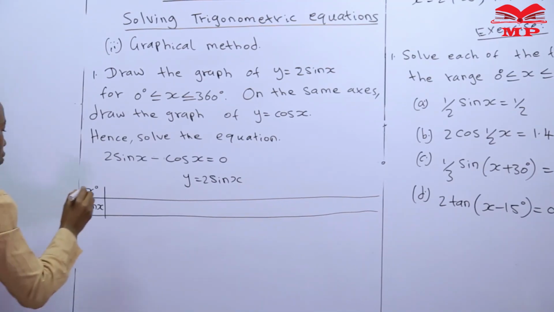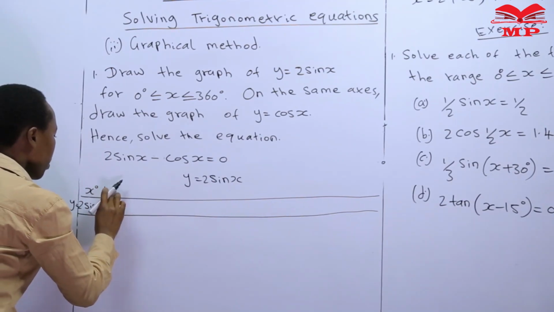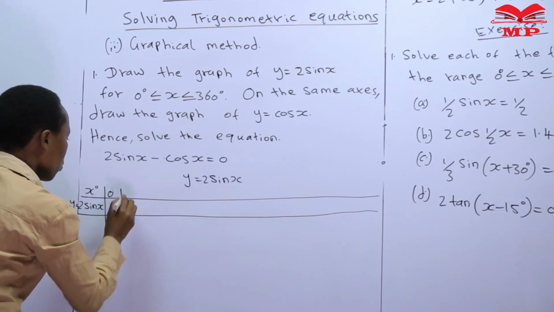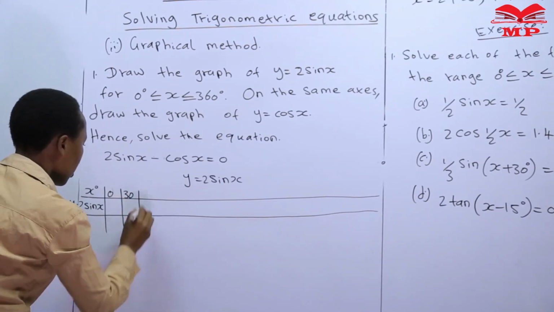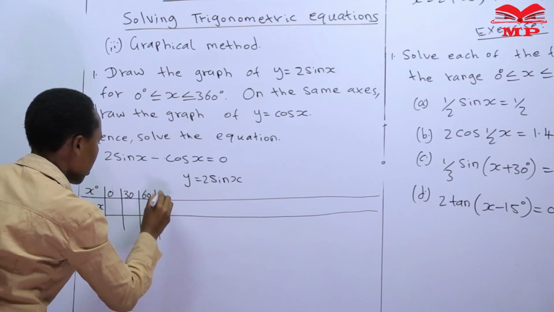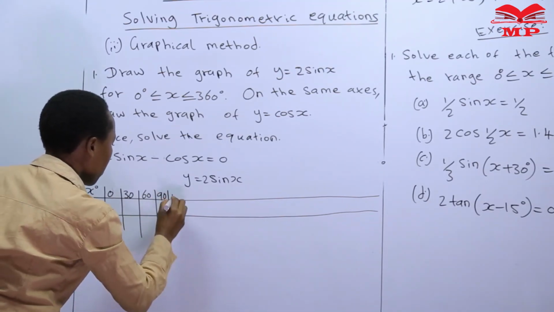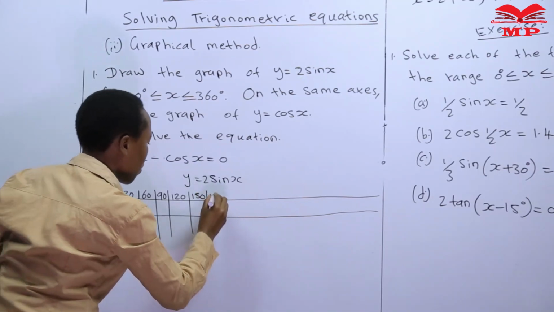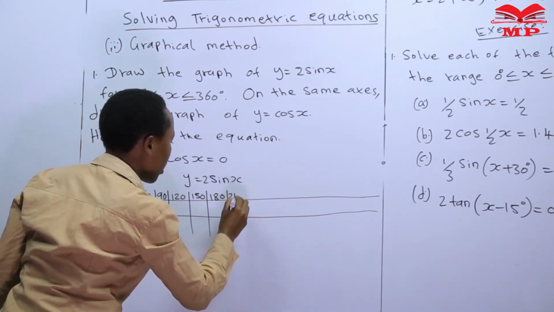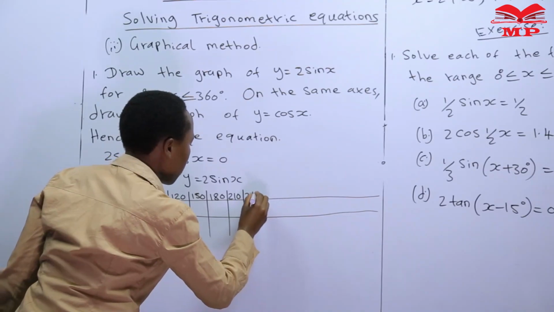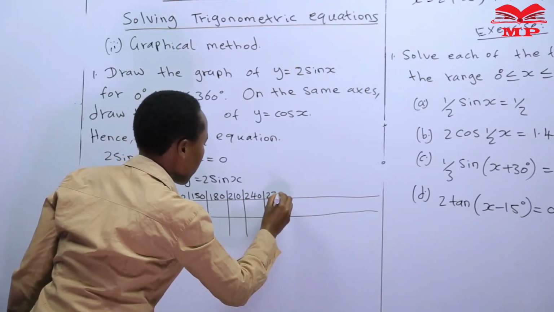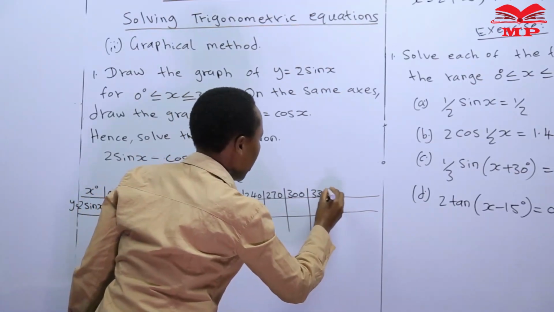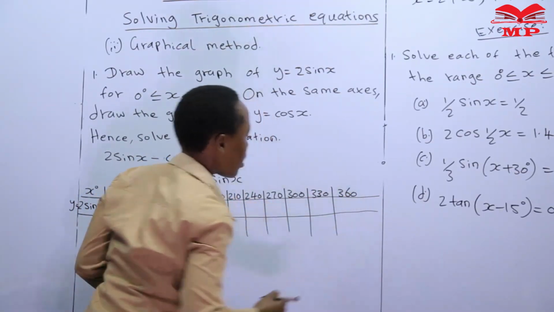If we start with 0 degrees, we have the degrees here already, 0. Then we'll move on to 30, 60, 90, 120, 150, 180, 210, 240, 270, 300, 330, and 360 degrees.